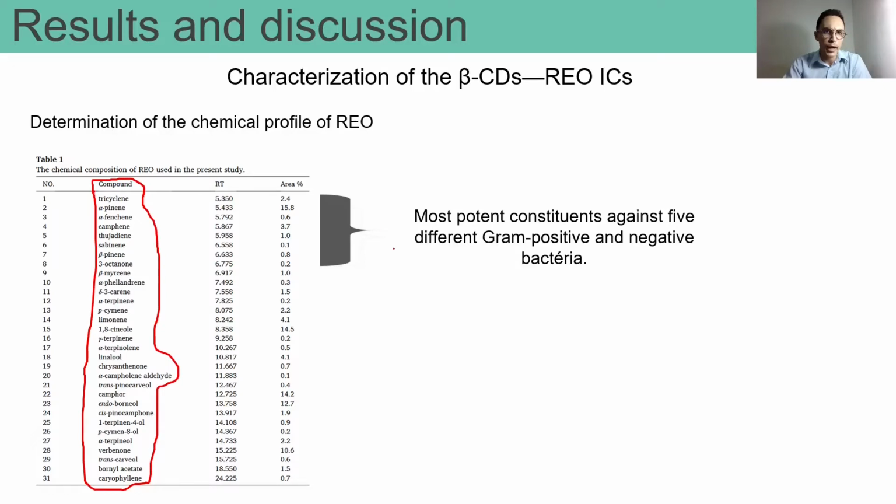In the article, the most important compounds for antibacterial and anti-inflammatory properties were alpha-pinene and beta-pinene. In the introduction, the author says that it is the most important constituent against 5 different gram-positive and gram-negative bacteria.